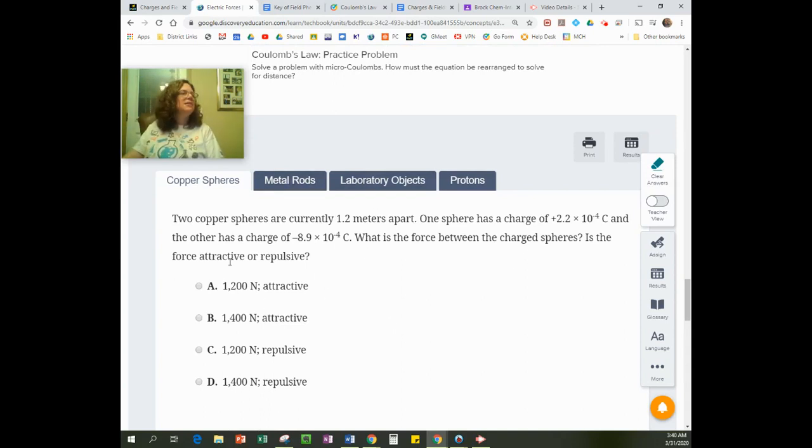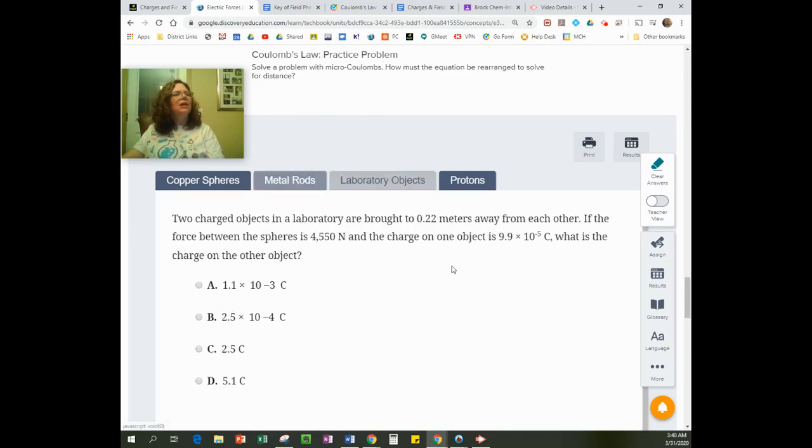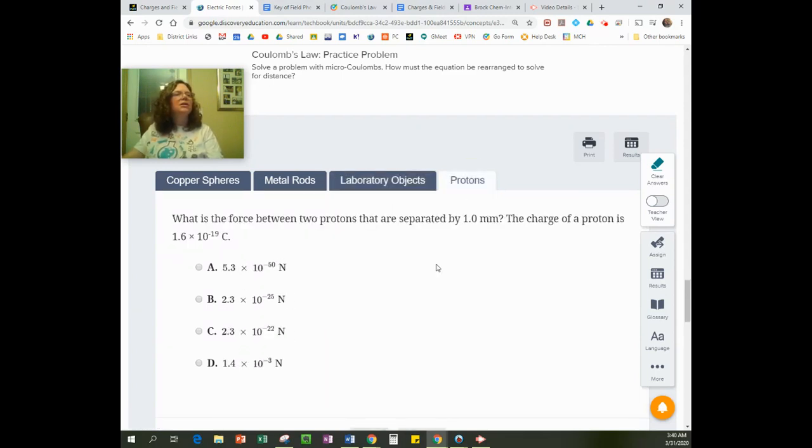This finds the force. The next one finds the force. The next one, what is the charge of the other object? So he's doing some math that you're not going to have to do, but if you want to look at that to see what's going on, please do.